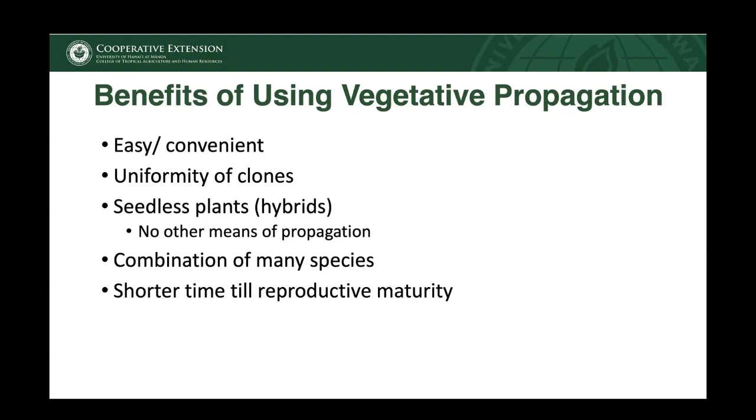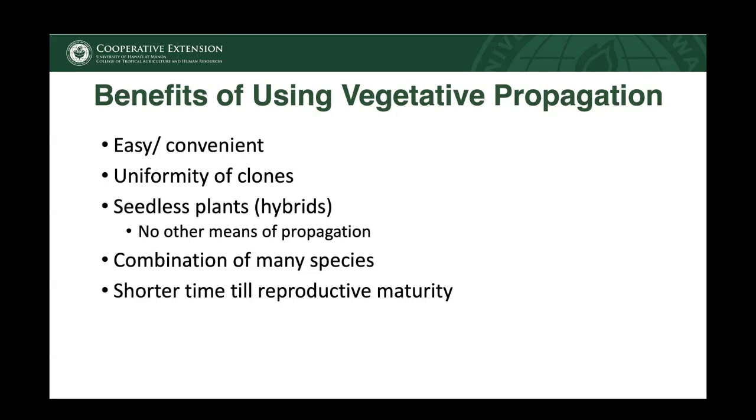And some plants are seedless, especially hybrids that need to be crossed together to get that specific variety, and there's no other means of propagation, especially if you don't have access to the parent material to make the crosses. You're going to have to take a vegetative portion of that plant and try to regenerate it to get more of that particular plant material.